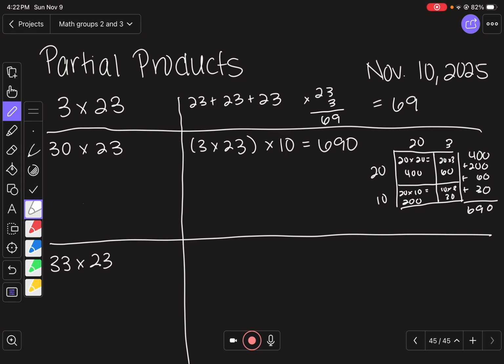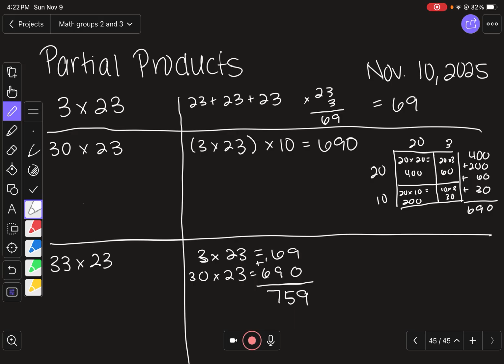So if I add those two numbers together, I will get the answer. So if you add the answer to 3 times 23, which was 69, and 30 times 23, which was 690, and you add those together, you will get 759. That is one strategy you might have used.